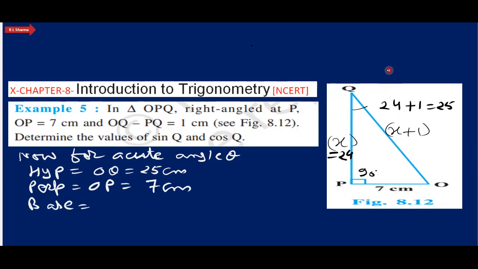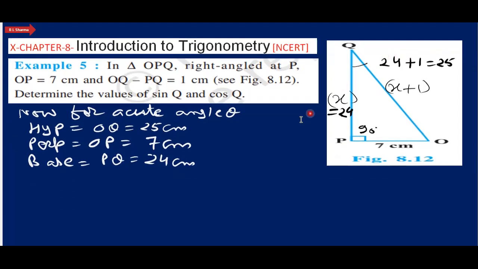And the remaining third side is base. So here PQ is base, that is 24 centimeter. हमने तीनों साइड एक्यूट एंगल Q के लिए फाइंड आउट किया, हाइपोटेन्यूज, परपेंडिकुलर एंड बेस.